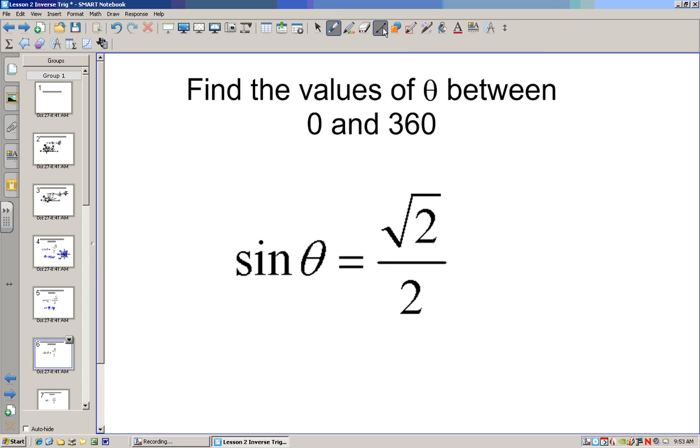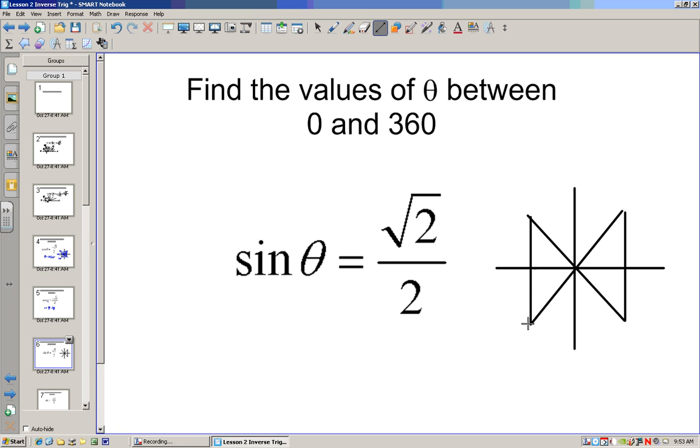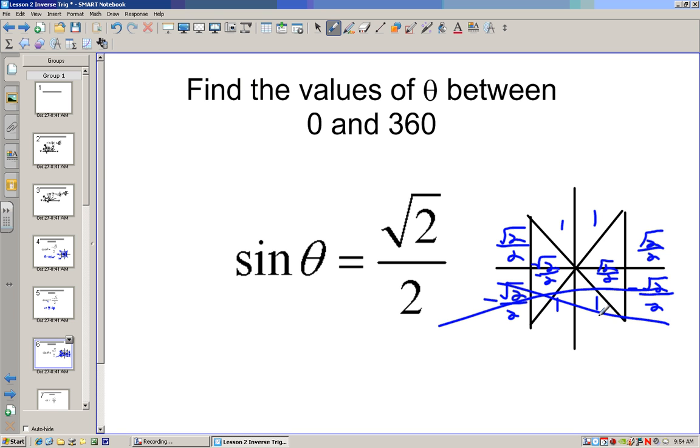Now, if we said sine of theta is root 2 over 2, hopefully when you see root 2 over 2, you automatically think about 45, 45, 90 triangles. So 45, 45, 90 triangles would be root 2 over 2 for the sides, with the hypotenuse being 1. So the sine has to be positive, so opposite over hypotenuse would produce negative answers in the two bottom quadrants.